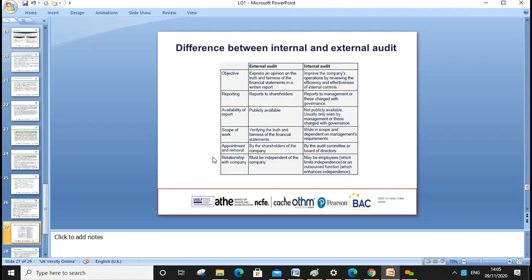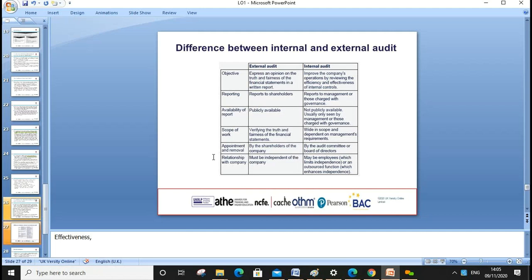So we can summarize it. What are the advantages of internal and external audit? What we said is external is the objective, expressing an opinion on gross fairness. But internal is to improve the operational efficiency and effectiveness. Do we know efficiency and effectiveness? What is the difference? We discussed the 3 E's in the past.